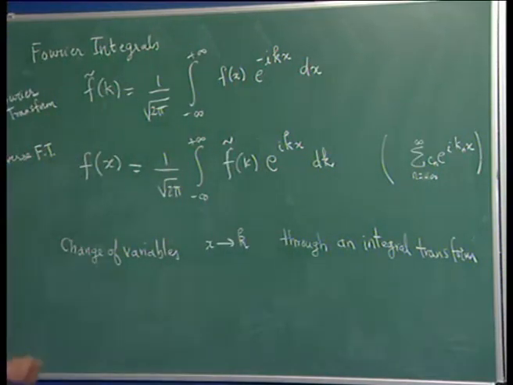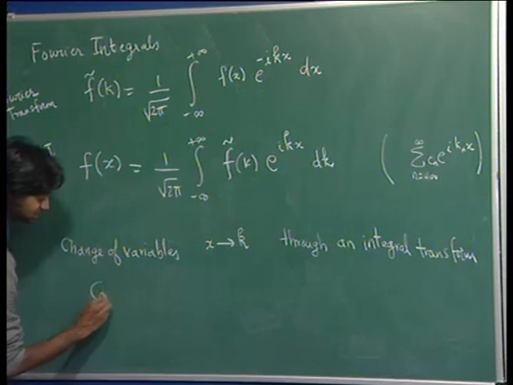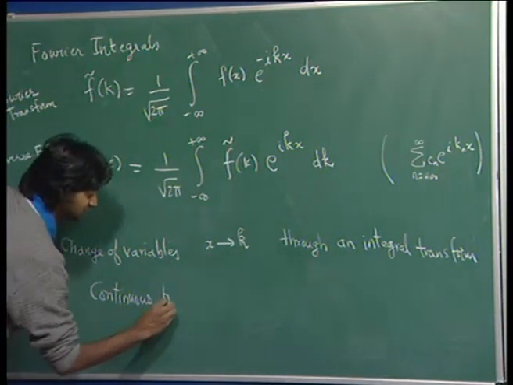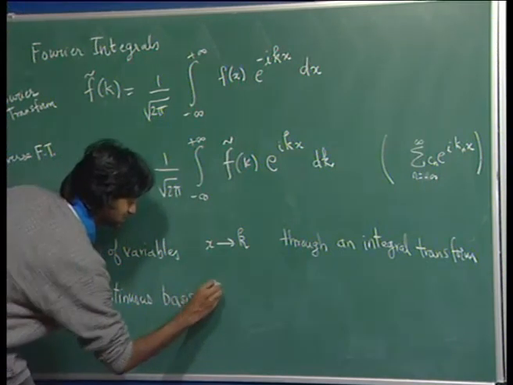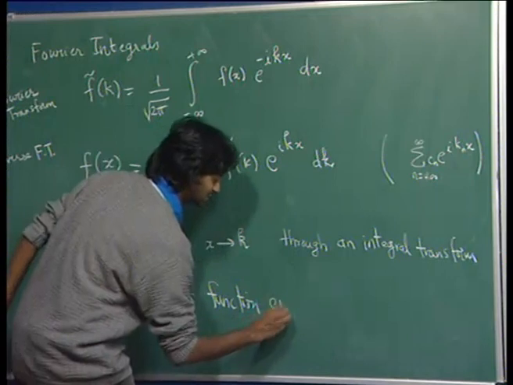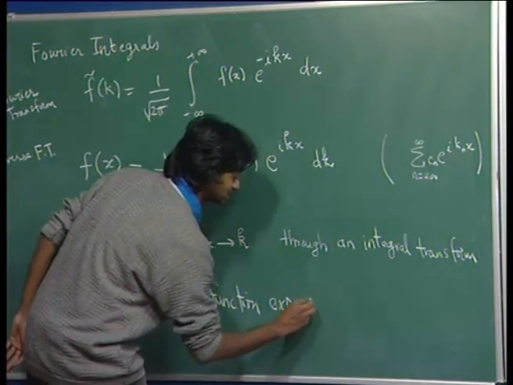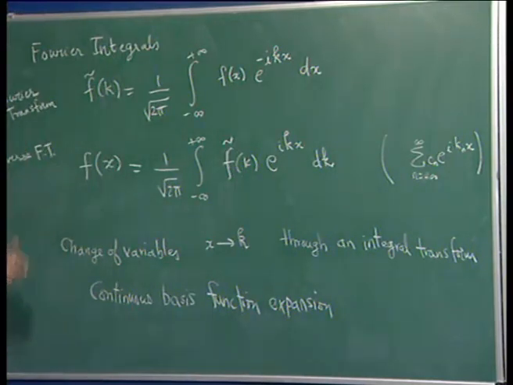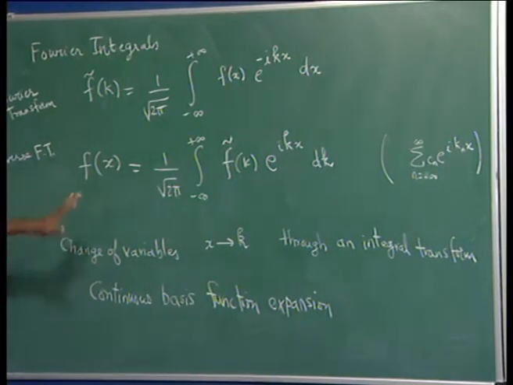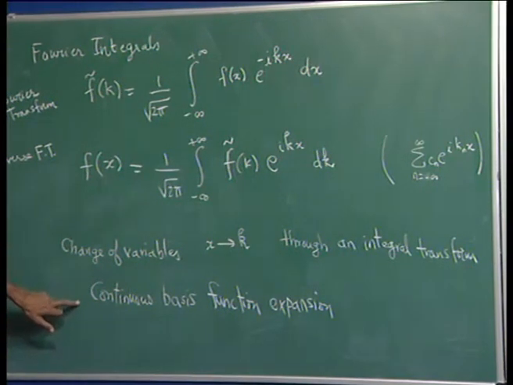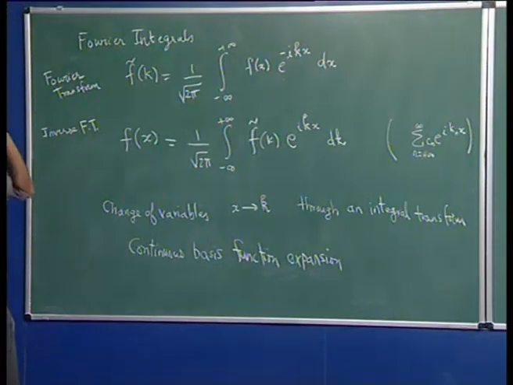So you can think of this as a continuous basis function expansion. Either of these methods works. You can think of it as an integral transform, a transformation of variables, or you can think of expanding the function in a continuous basis. So that is the other way.